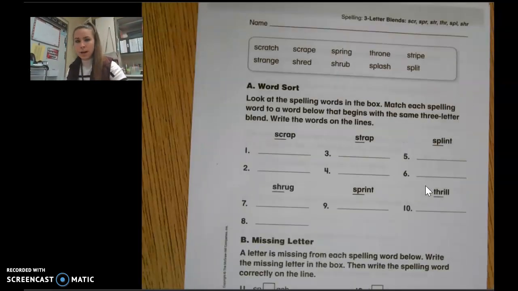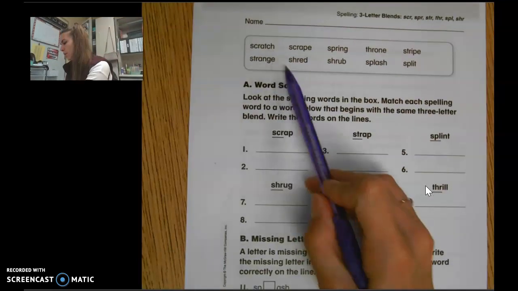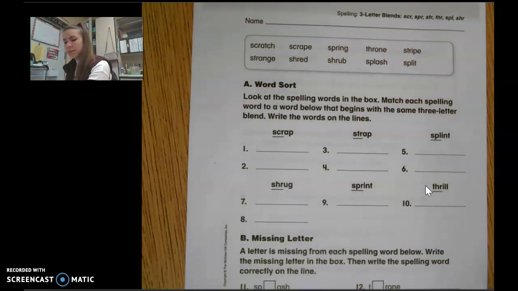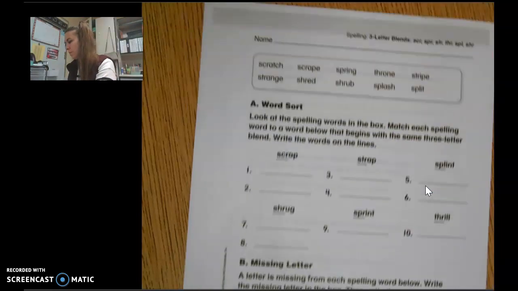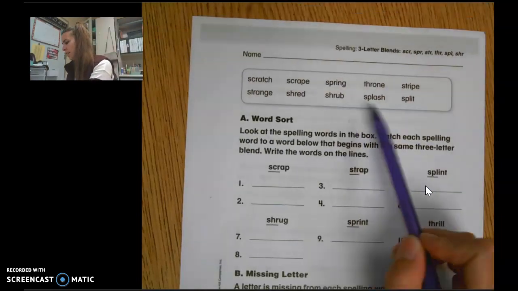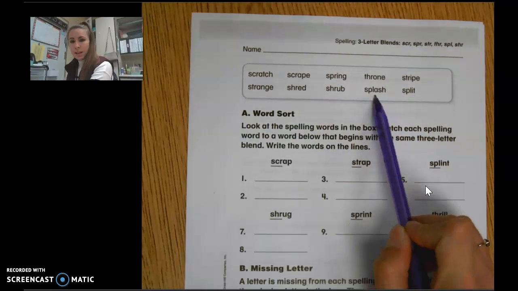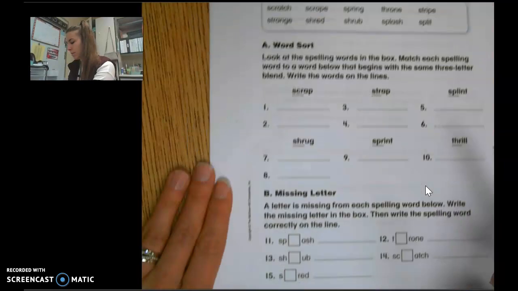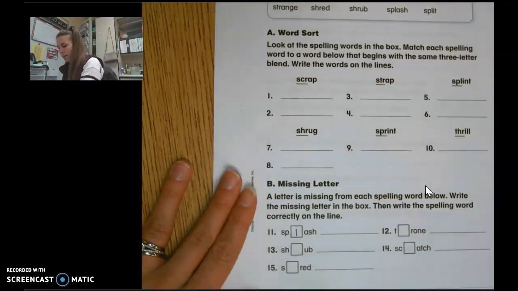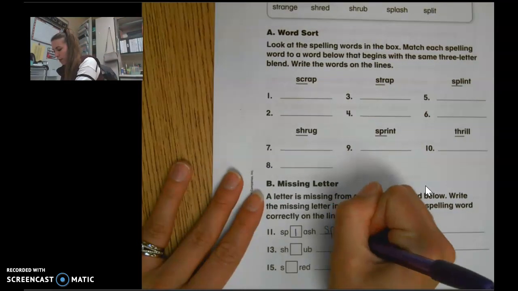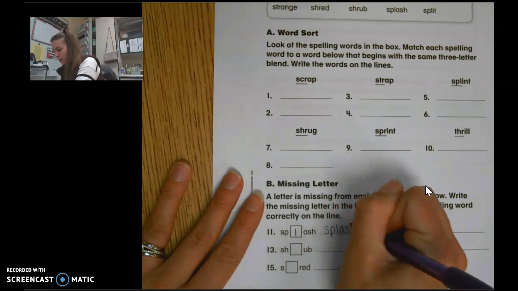If I look up top, which one of my spelling words is similar to my SPASH? If I look at splash, I see this one has all the same letters, except it does have an L. So that is my missing letter. I will put an L in the box, and then I will write the word on the line.